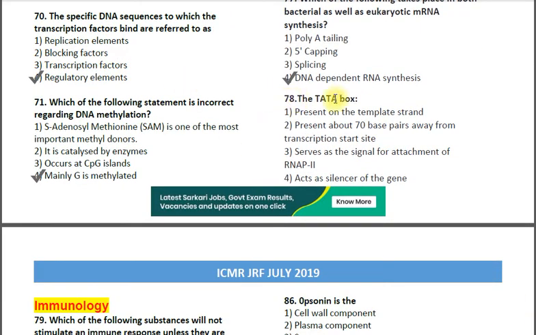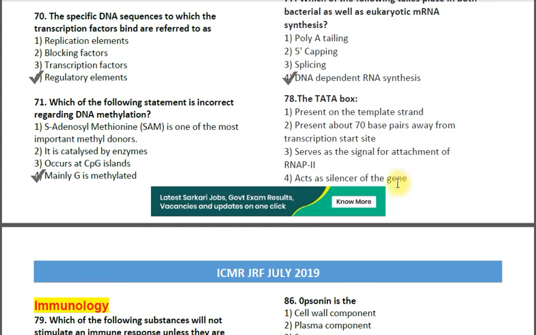Question number 78 says, TATA box. Option 1 is present on the template strand. Option 2 says present about 70 base pairs away from the transcription start site. Option 3 serves as a signal for attachment of RNAP2. Option 4 acts as a silencer of the gene.